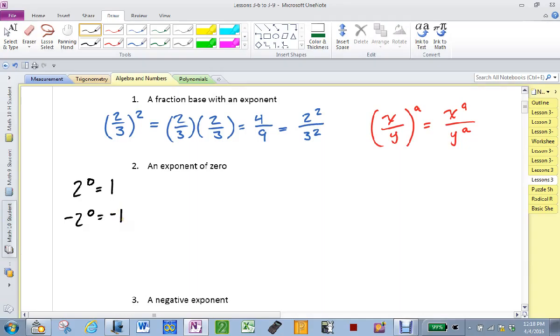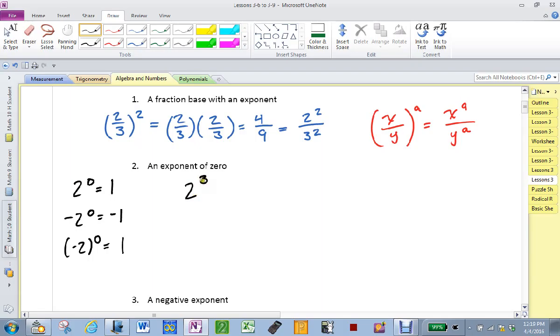Negative 1. What is negative 2 to the 0? Positive 1. The reason this confuses people is because you memorize this. Anything to the 0 is 1. That's all you hear. You don't take the time to learn why. So I'm going to show you why. Then it will help you in the future.